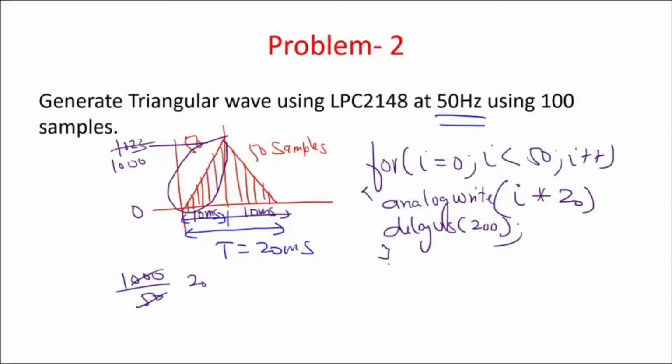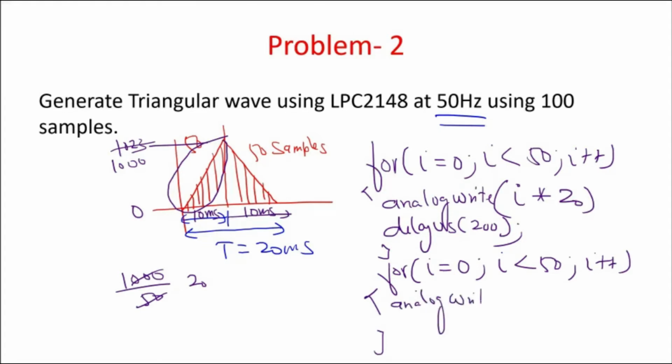For the downcoming ramp, you have to do the reverse. For I is equal to 0, again I less than 50, I plus plus, analog write, in this case it is 1000 minus of I into 20.